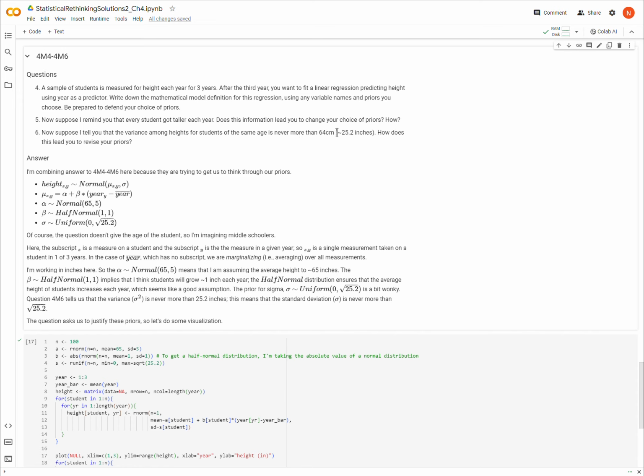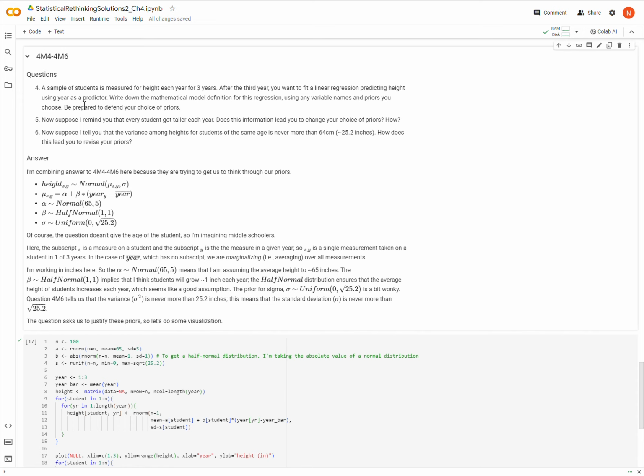But I, again, am stupidly using inches, and that converts to about 25.2 inches. And my model is using not variance, which is what this tells us, but standard deviation, right? So standard deviation is the square root of variance. Therefore, you get the square root of 25.2. Okay. I think I've explained everything important in my model here.